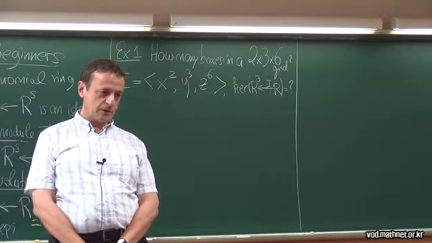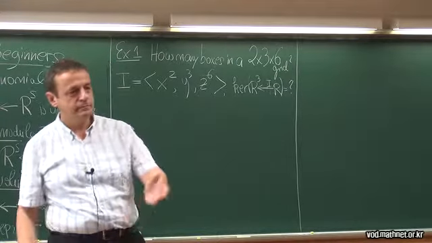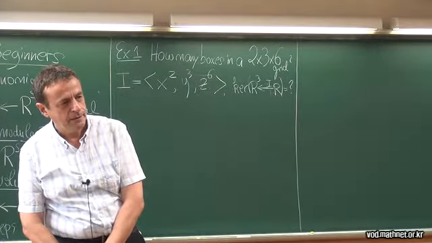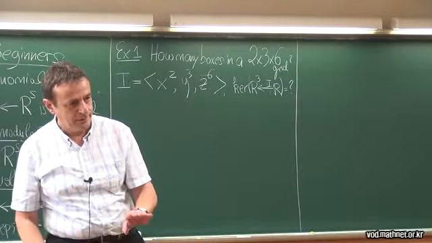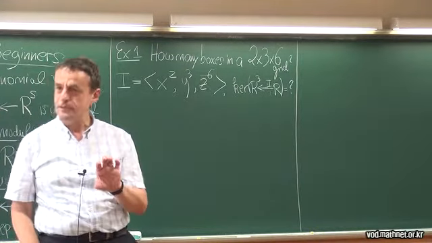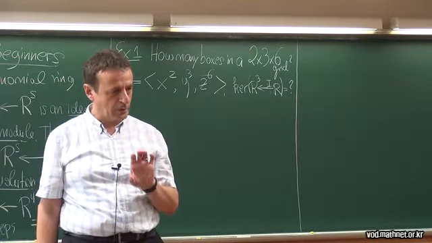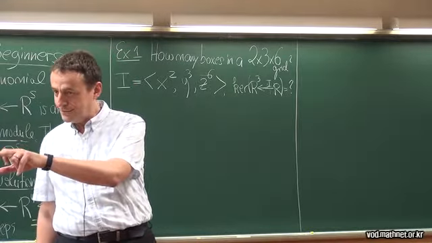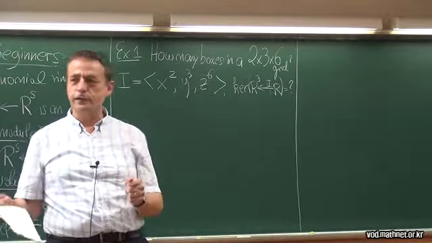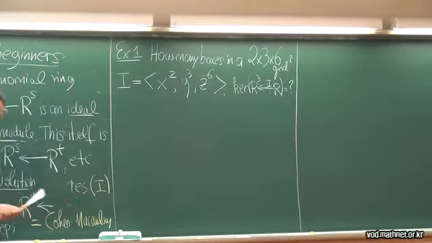How many generators in the kernel? 2? What do you think? The question clear? We have a 1 by 3 matrix with non-zero entries. How many elements do you need to generate the kernel? You say 3, you say 2. So there's a conflict. She says 2, you say 3. Okay, well, let's see how this goes.